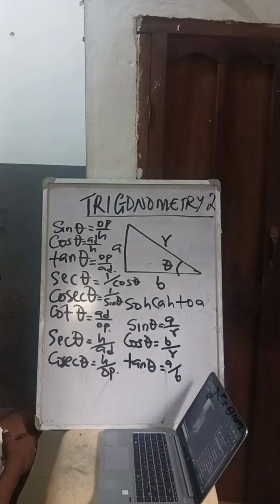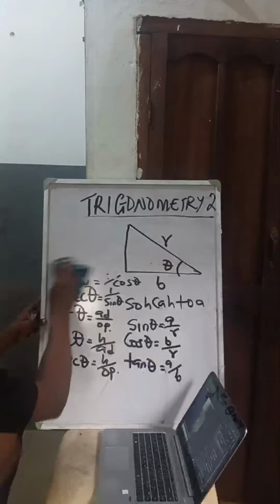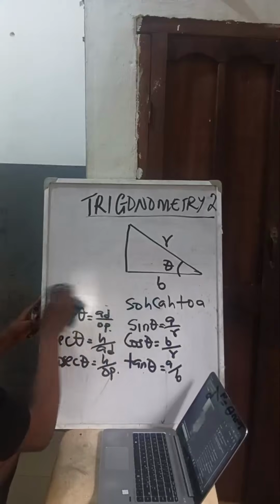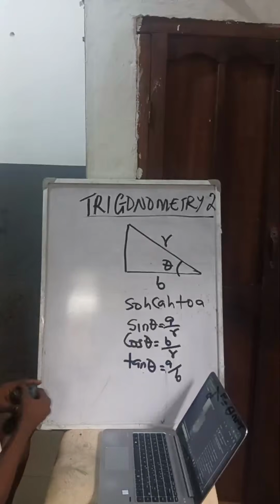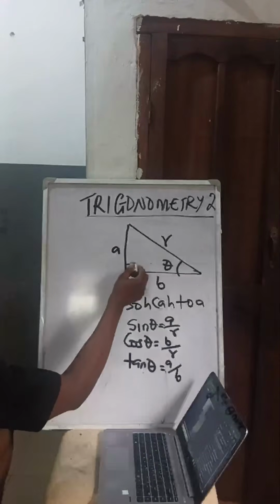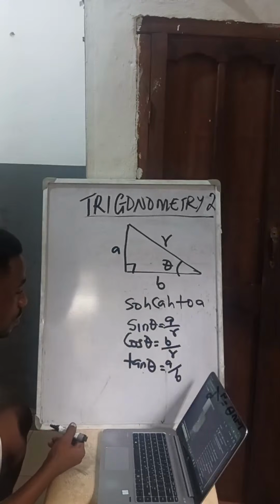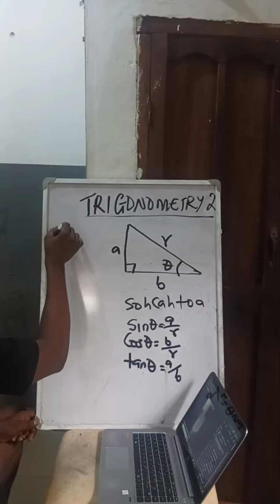We need to prove something very important. For a right angle triangle, this side is 90 degrees. We have what we call Pythagoras theorem.